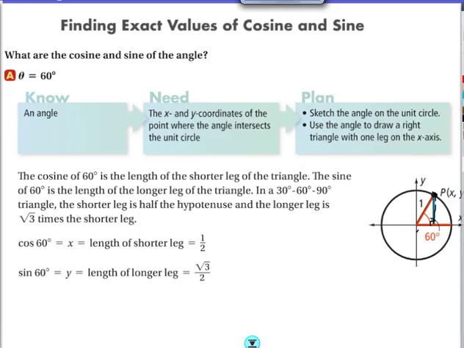Opposite of the 60. So this is the long leg. The short leg is down here, right? So in this example, Y is the long leg and X is the short leg. Does that make sense? Yeah. So I have the hypotenuse. How do you get to the short leg from the hypotenuse in the 30, 60, 90?